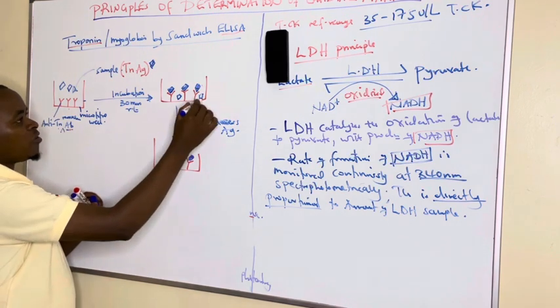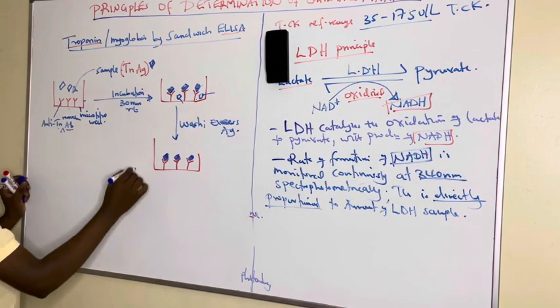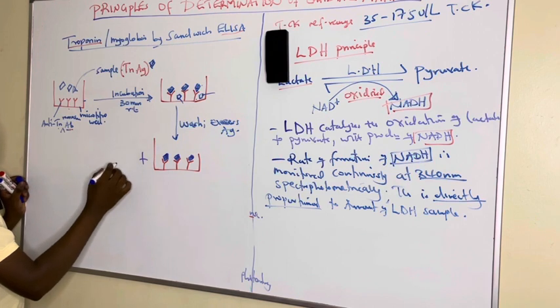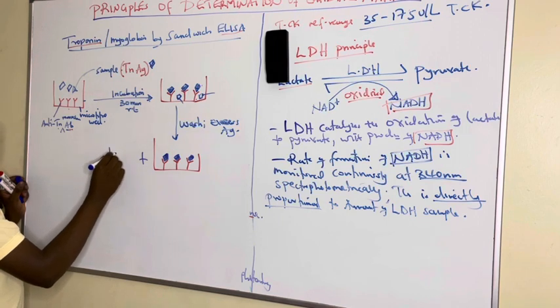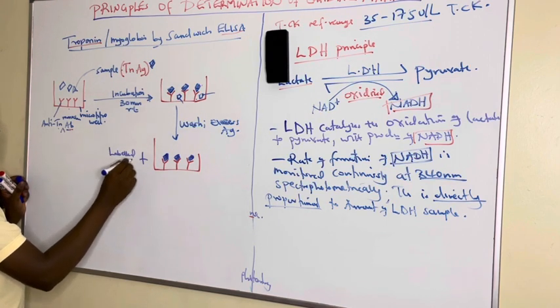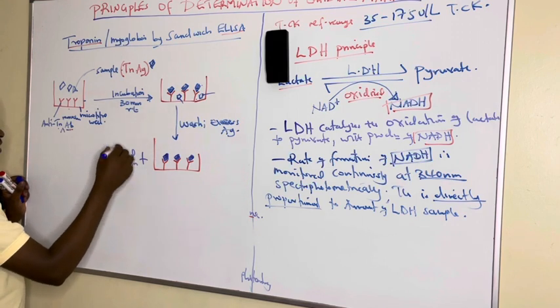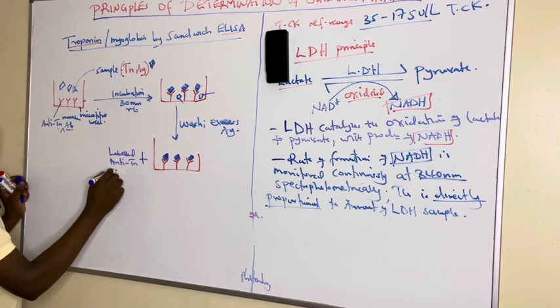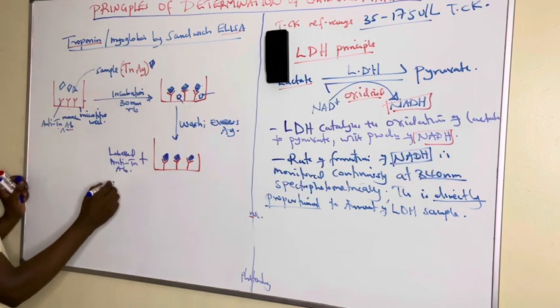So the essence of washing was to remove the excess. After washing, before the substrate, we add enzyme linked, or labeled, anti-troponin or anti-myoglobin antibody, which is monoclonal, and we incubate.